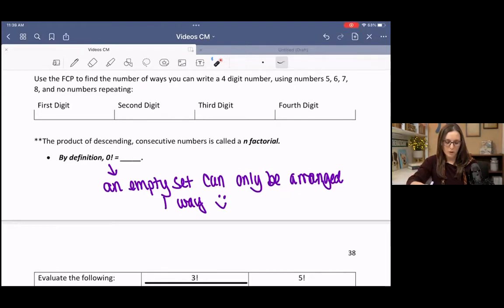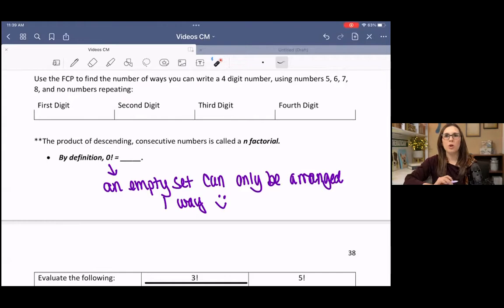So if we use first the idea of the fundamental counting principle to figure out this problem, that's going to help us with the next ones. So we're using the FCP to find the number of ways you can write a 4-digit number using only 5, 6, 7, and 8, where no numbers repeat.